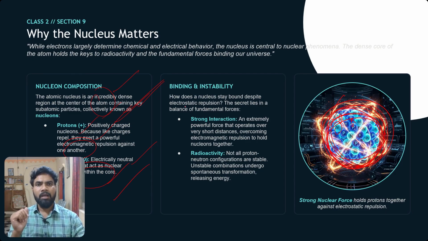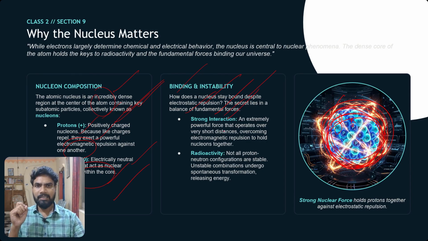Then the concepts of binding and instability: how does a nucleus stay bound despite electrostatic repulsion? The secret lies in a balance of fundamental forces. So what is that balance? Strong interaction is the first one.